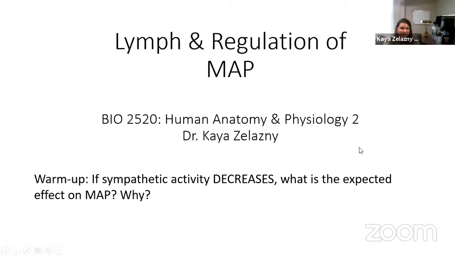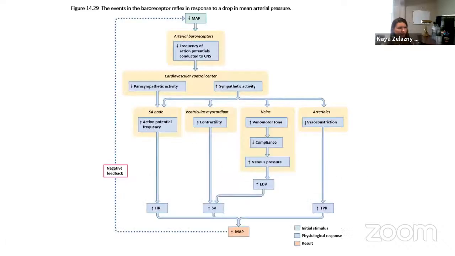So we were looking at this flow chart, right? And we can kind of run it in reverse. In our flow chart here, we had our sympathetic activity going up. What we're thinking about now is, what would happen if instead it went down?